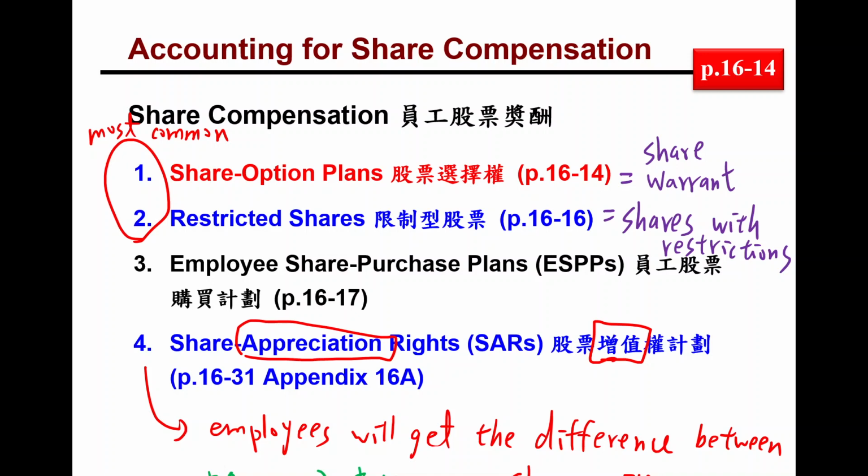Okay, but no matter which one, remember last week we mentioned three very important dates we have for share compensation. So what are these three important days we have when we talk about share compensations? Remember that? It's on your slide 148.